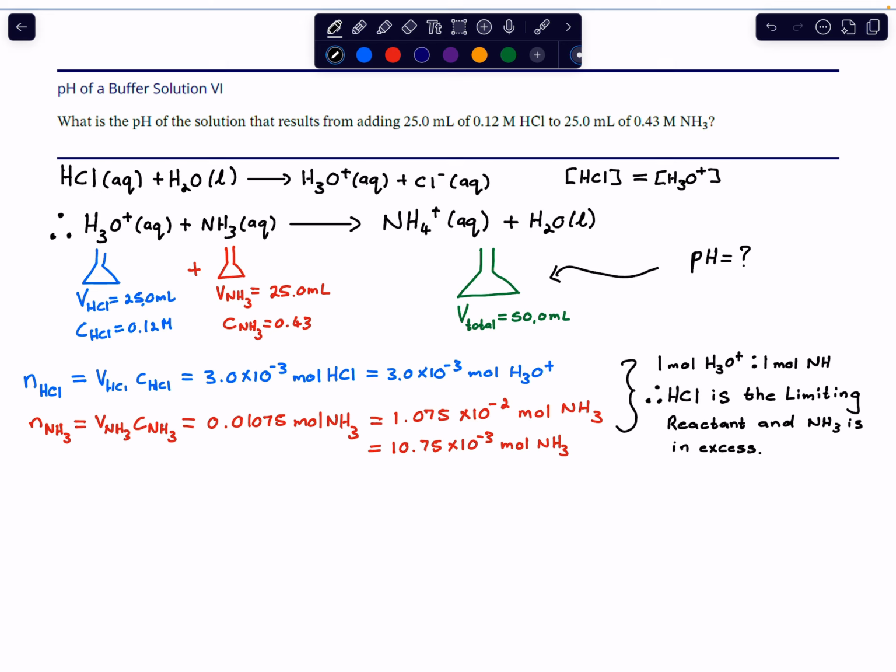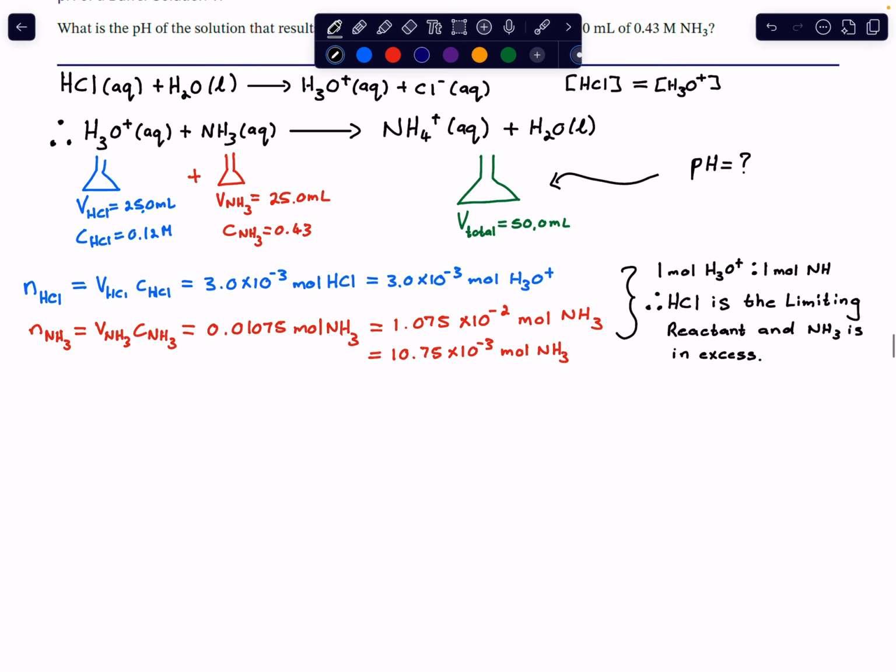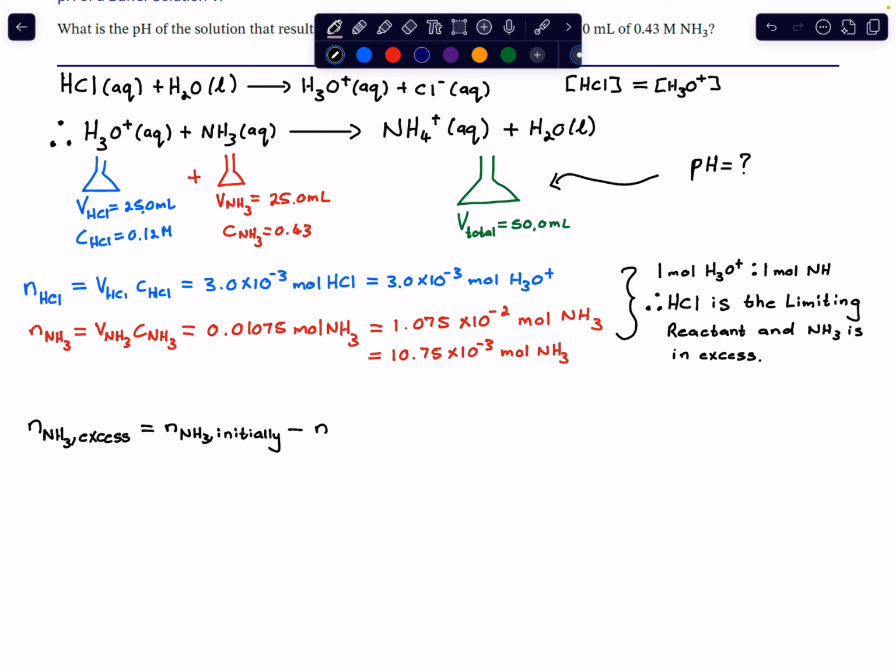Right, and NH3 is in excess. The question is by how much is NH3 in excess? So let's put here NH3 excess, or the amount of NH3 left, is of course how much we had initially, NH3 initial, minus the amount of HCl, because it's a one-to-one reaction.